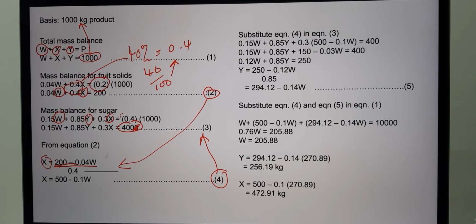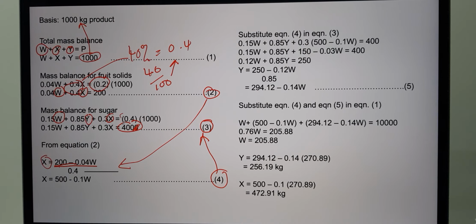Because in equation number 3 we have 3 unknowns, whereas in equation number 2 we have 2 unknowns. So we want to reduce the number of unknowns in equation number 3 from 3 to only 2. That's why, in the following step, we substitute equation 4 into equation 3.